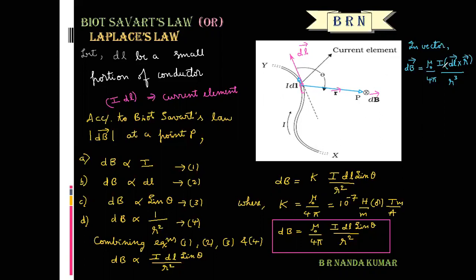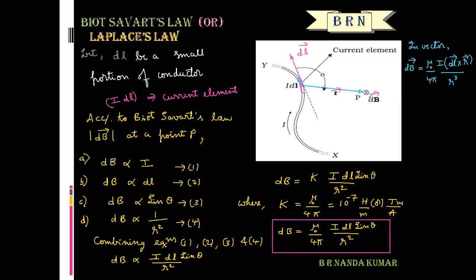Okay, so dl vector cross r vector, if it is in clockwise, what is the direction of magnetic field? If it is in clockwise, then the direction of magnetic field is normally inwards. If it is in anti-clockwise, the direction of magnetic field at this point is normally outwards.